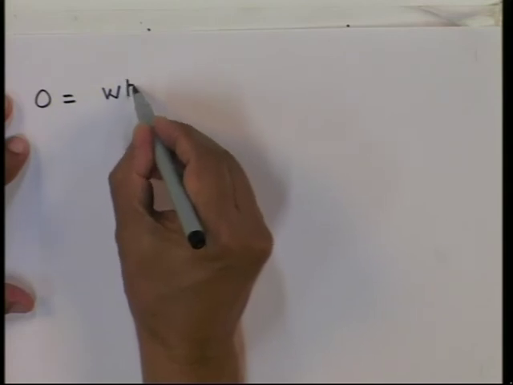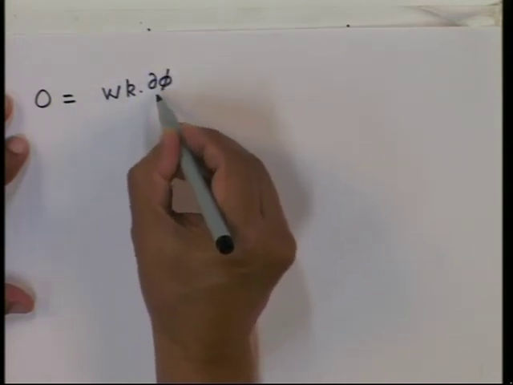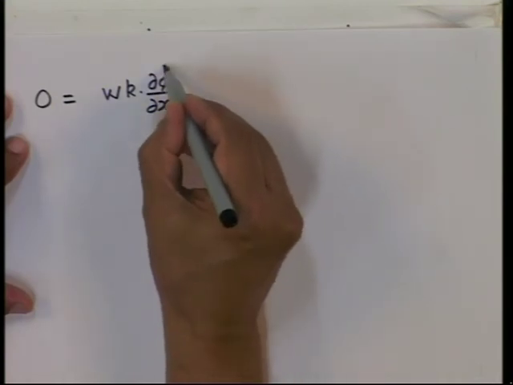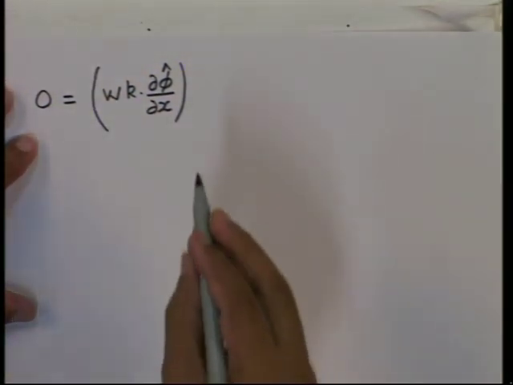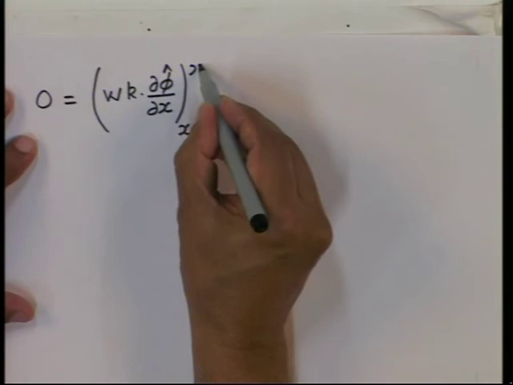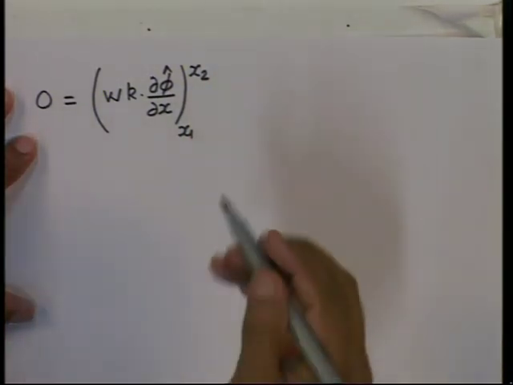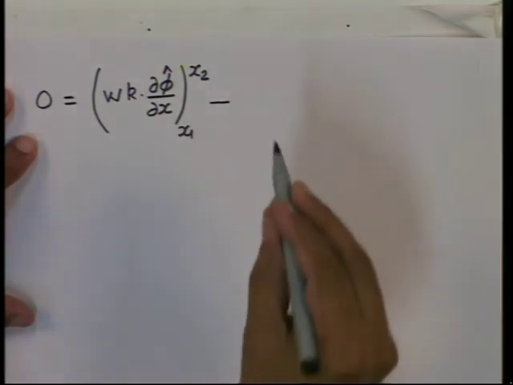So, it will be your boundary term, I mean 0 will be equal to weight times k times d phi by dx. One term is like this and that is to be evaluated at the boundary x 1, x 2, minus integral.